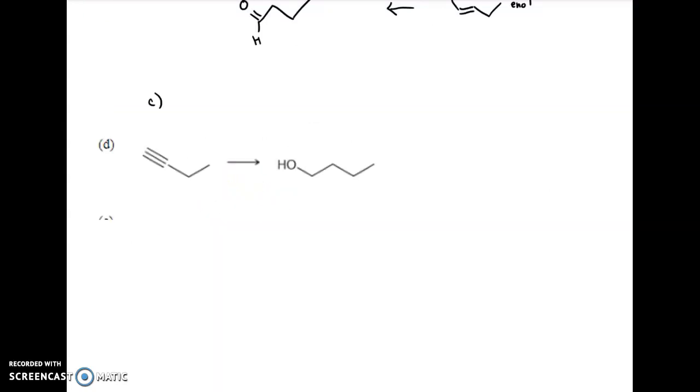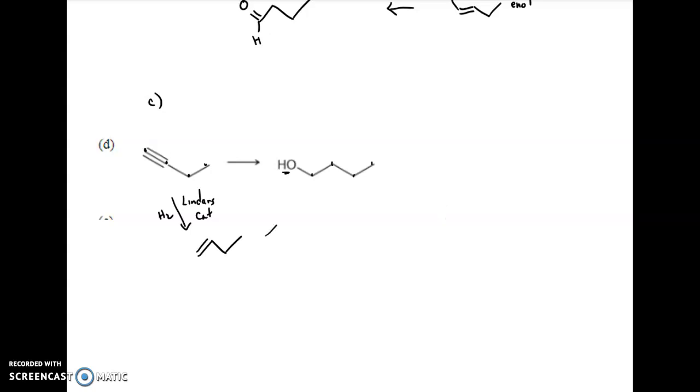You see here that D is very similar. We've got 4 carbons, 1, 2, 3, 4, and 1, 2, 3, 4. So we don't need to add any carbons. We just need to add this hydroxy group onto the terminal carbon. So if we reduce with Lindlar's catalyst and hydrogen, of course, we'll end up with this.